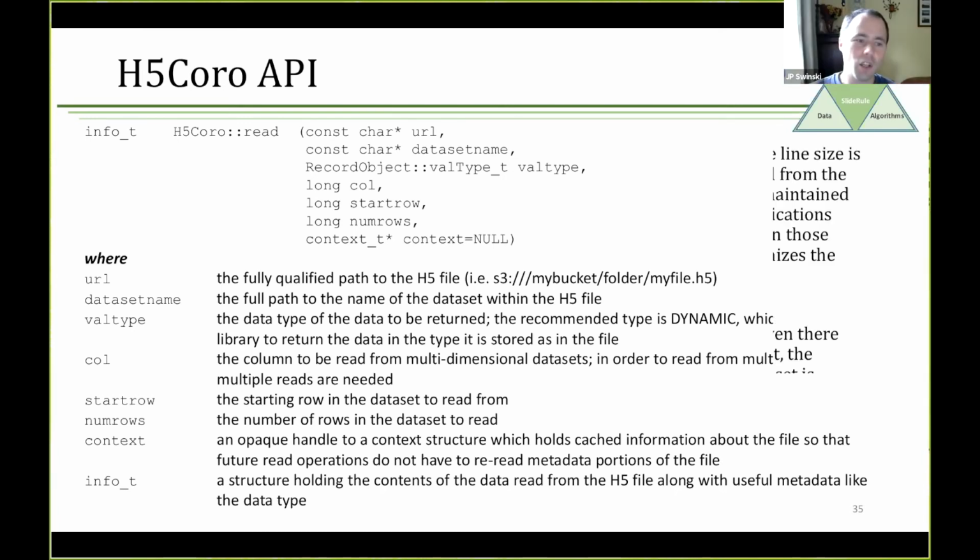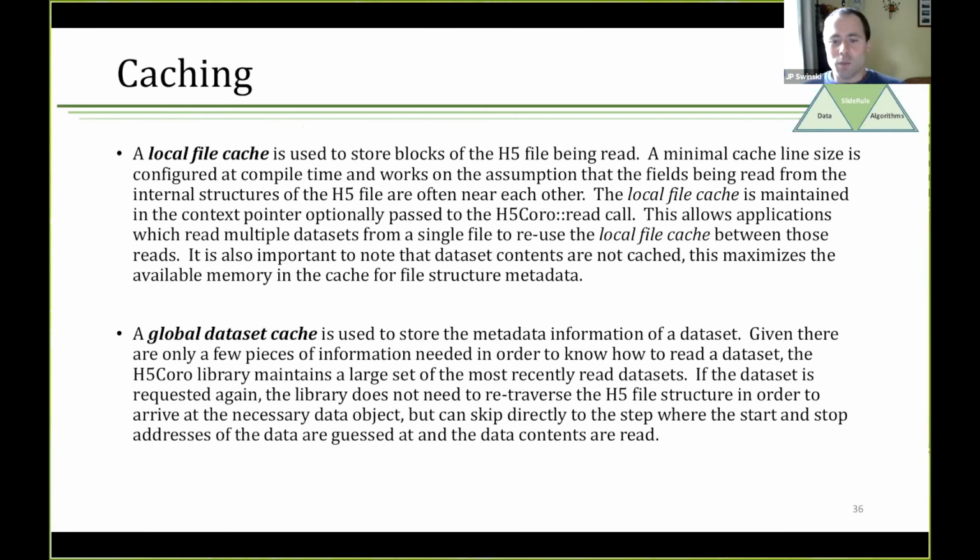Good question. H5Coro does maintain a global dataset cache inside itself. Each instance will remember the data sets that it's read. It's not relied on for the performance, so the numbers that I'm quoting you don't use this.